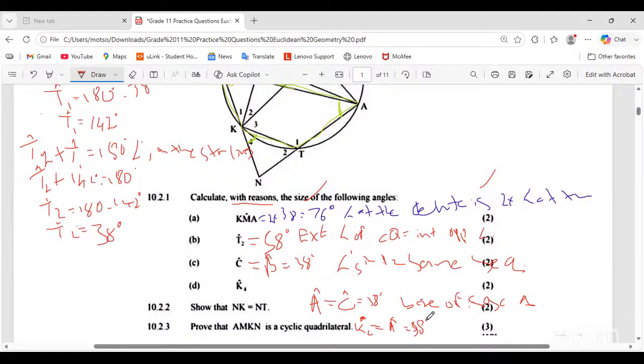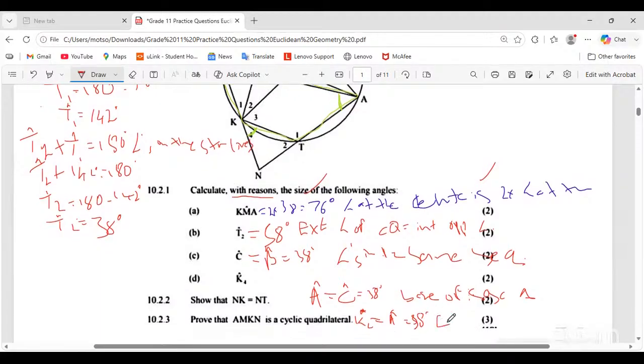Why? Because an exterior angle of a cyclic quad is equal to the interior opposite angle of this cyclic quad, right? Yes, now we are done with answering these questions up to D.